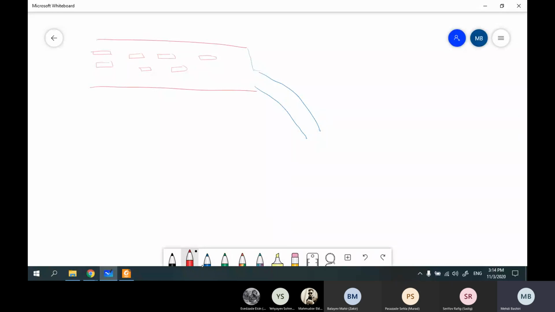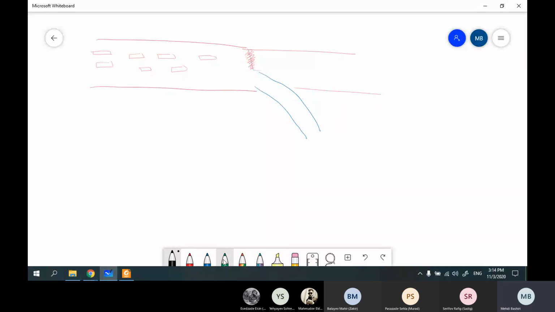Or let me explain it this way. Suppose that this is the highway, and for some reason all the cars should pass through this way. You can see that here you have a huge way, but in this blue one you have a small way.